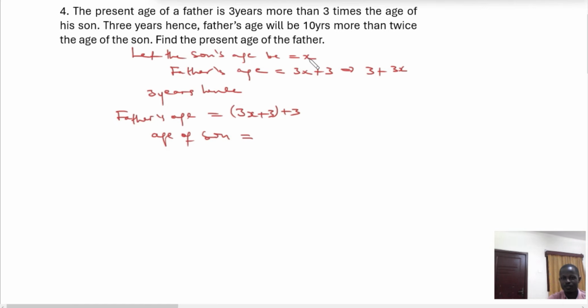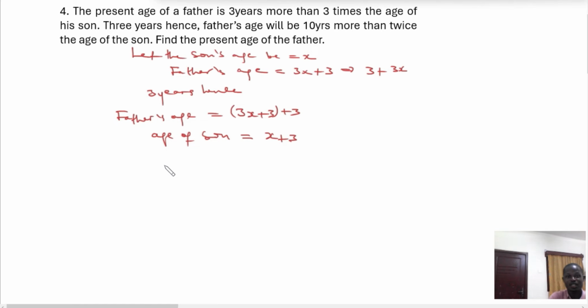In 3 years' time, the son's age will be x plus 3.